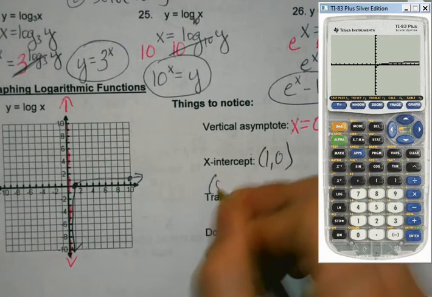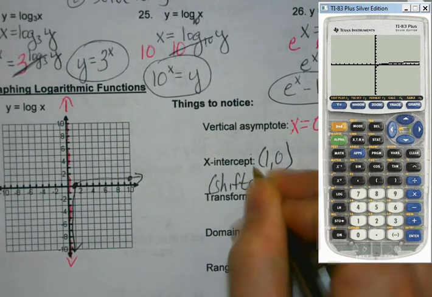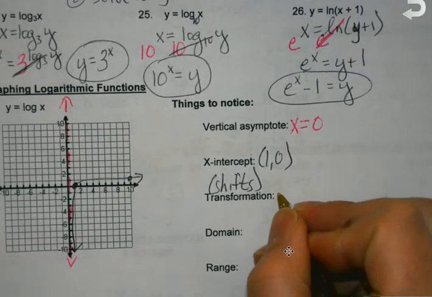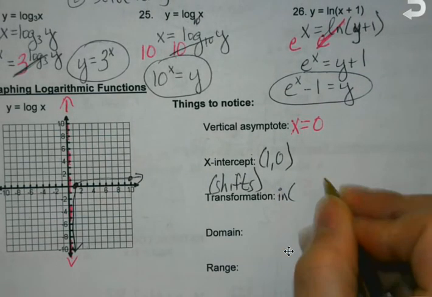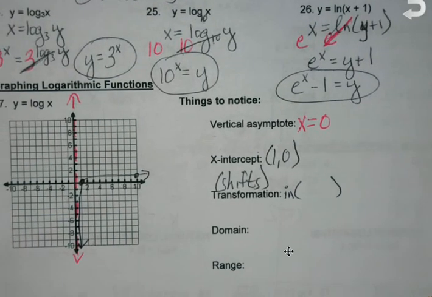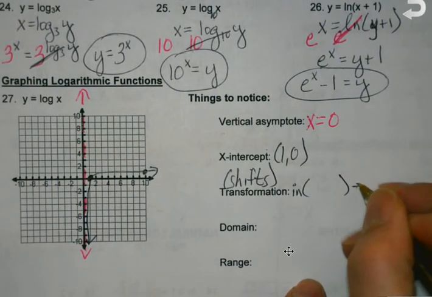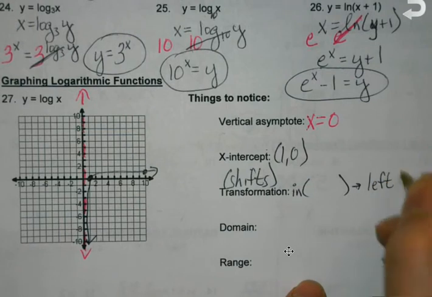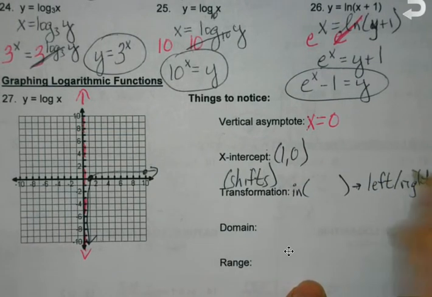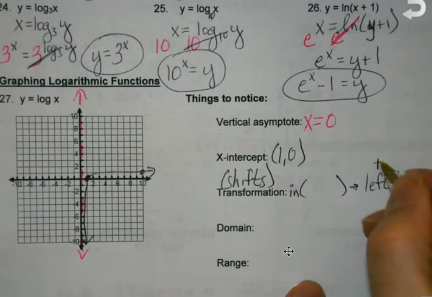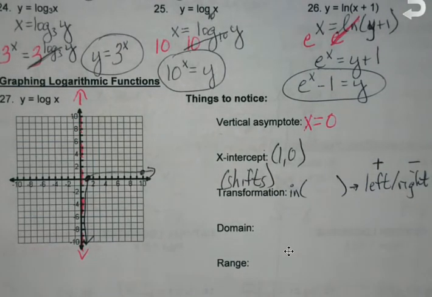Transformations, okay? Fancy words for shifts. Let me tell you how those are going to work before we actually get into some of them here. If it's inside the parentheses, sort of like it would be if you look down at number 28, those are going to be my left and right shifts. And just like they were before, they're the ones that are opposite of what you would think. If it's plus, I'm going to shift left. If it's minus, I'm going to shift right.